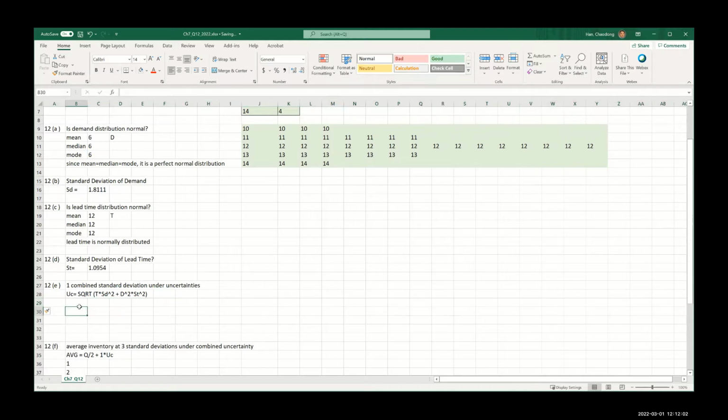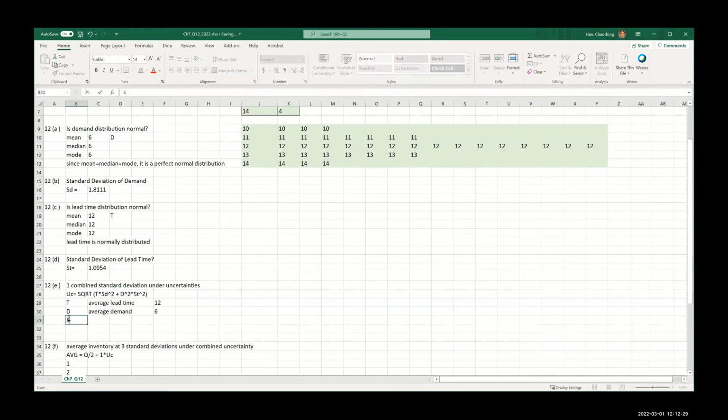So T, we want to see the average lead time. Put it here. The number is this, 12. And D, let's put it this, the average demand, which is here, 6.